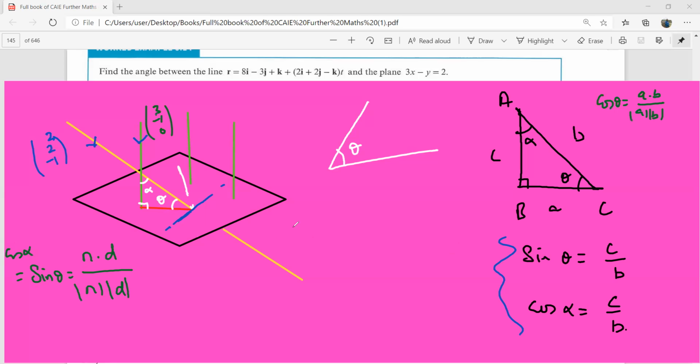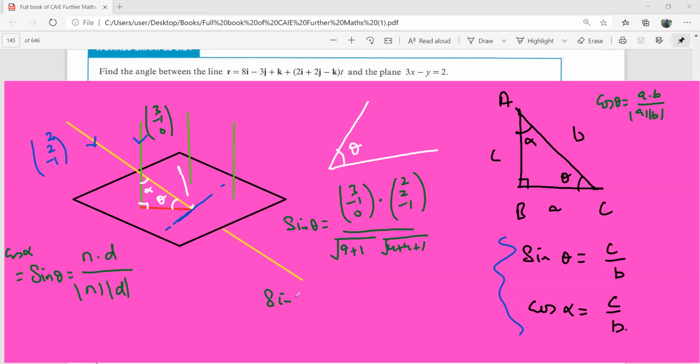So that is how, guys, this is going to be sine theta. N is 3, minus 1, 0, dot this, which is 2, 2, minus 1, and you have the square root of 9 plus 1, and the square root of 4 plus 4 plus 1.